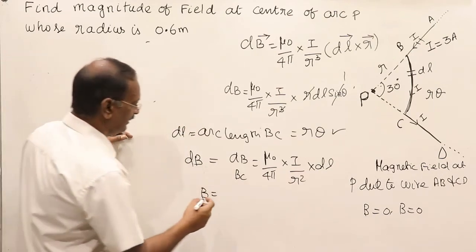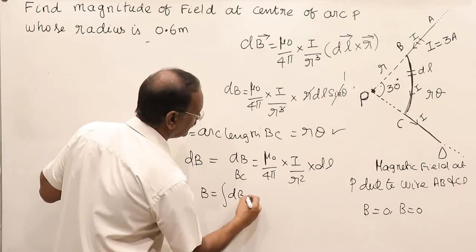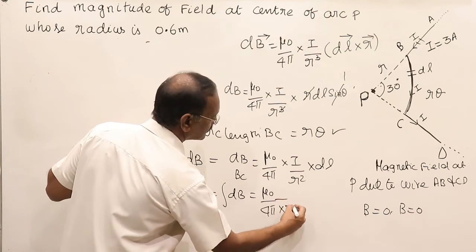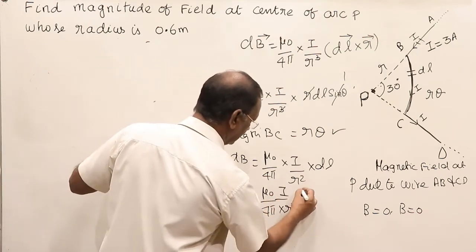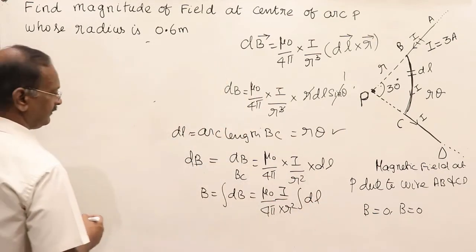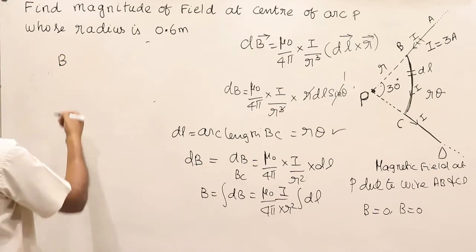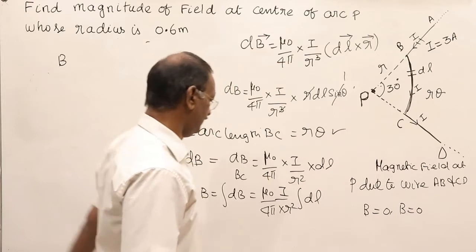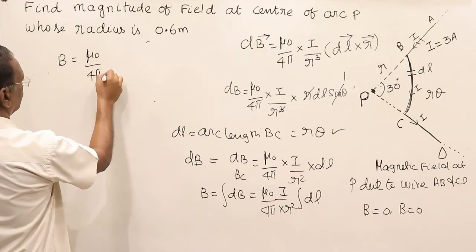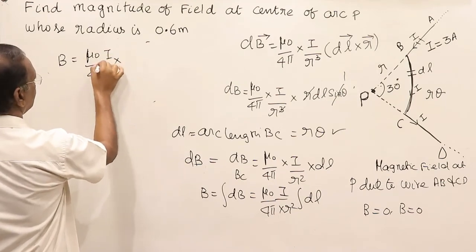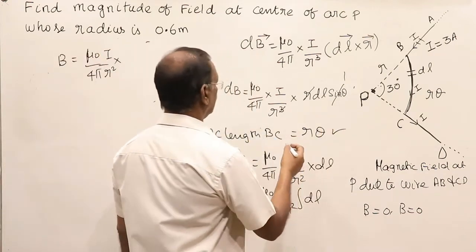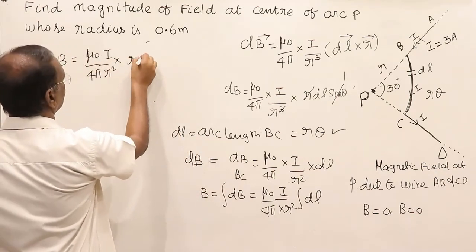So now B is equal to integral of dB is equal to mu naught by 4 pi R square into I into integral dl, because we have to integrate only dl. So B due to this portion, we are talking about this portion, B is equal to mu naught by 4 pi R square into I into dl. dl we have already found out, R into theta, because dl is equal to R into theta.